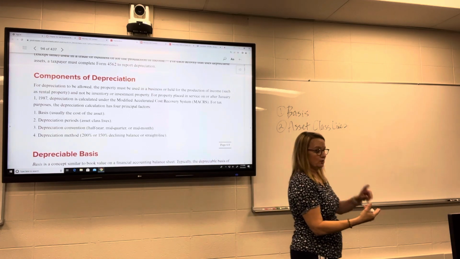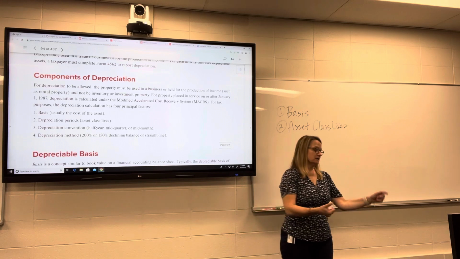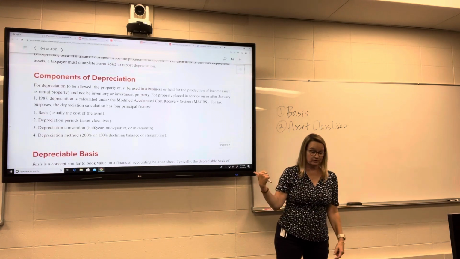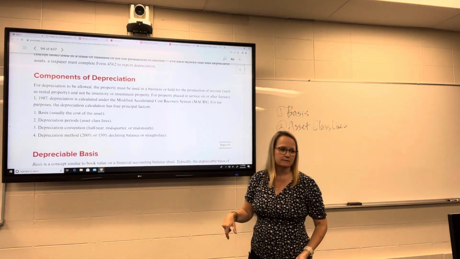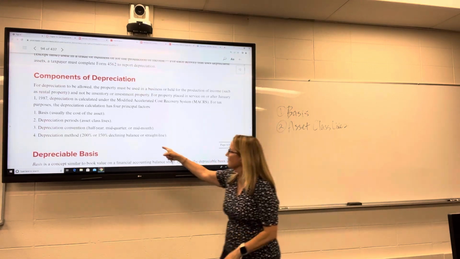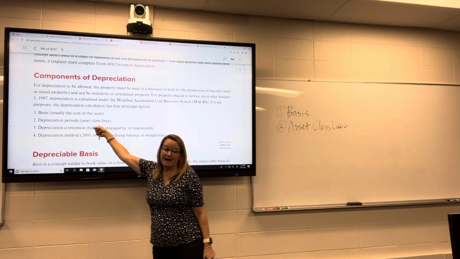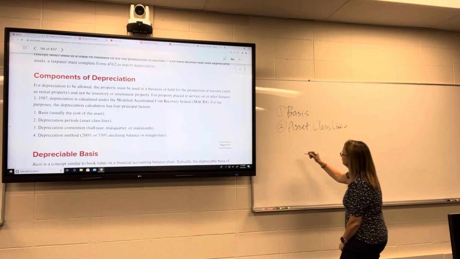Is it equipment? Is it software? Is it an agricultural building, which has its own class life? Is it rental real estate? Is it commercial real estate? All of these things we have to know in order to determine our asset class life, because each of those categories has a different asset class life.